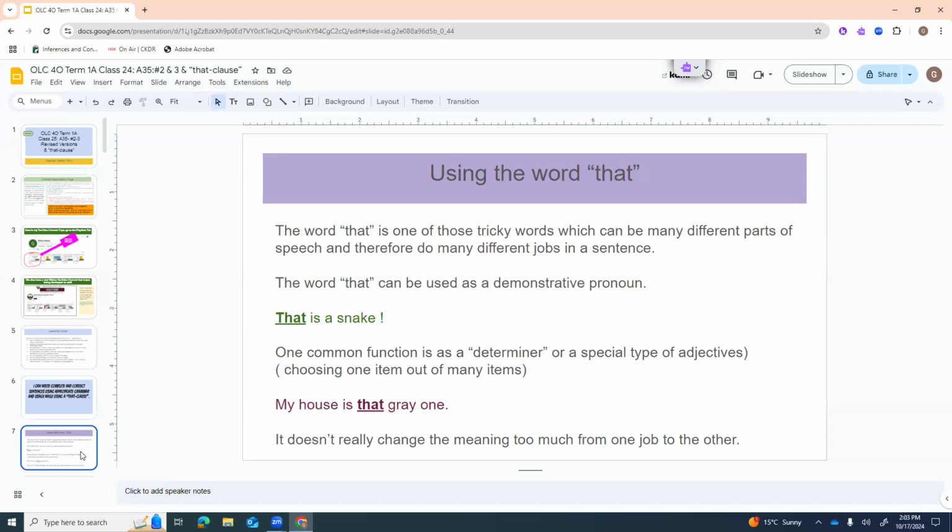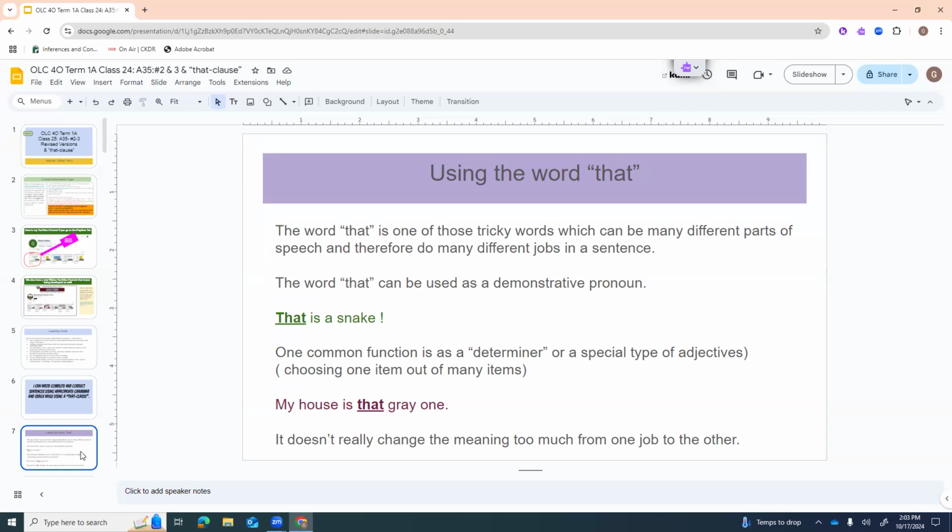So the first way, and this is the most common way, is the demonstrative pronoun. Whenever I say demonstrative, I'm always thinking of pointing, right? Like if I say that is a snake, I just picture somebody pointing at a snake. It's demonstrating, hey, here's a snake. It's sometimes called a determiner, or sometimes people think of it as a special type of adjective.